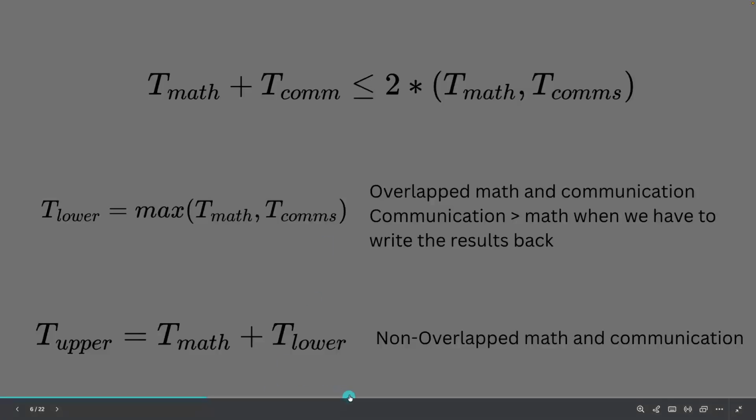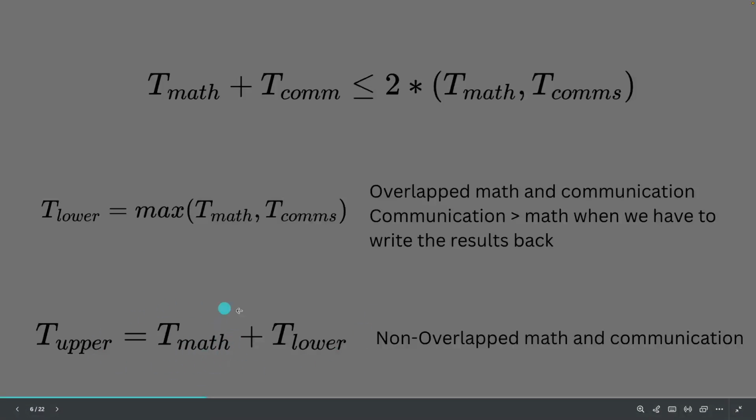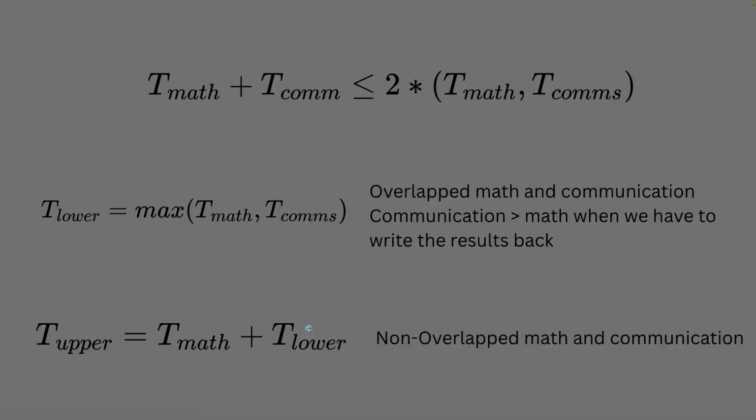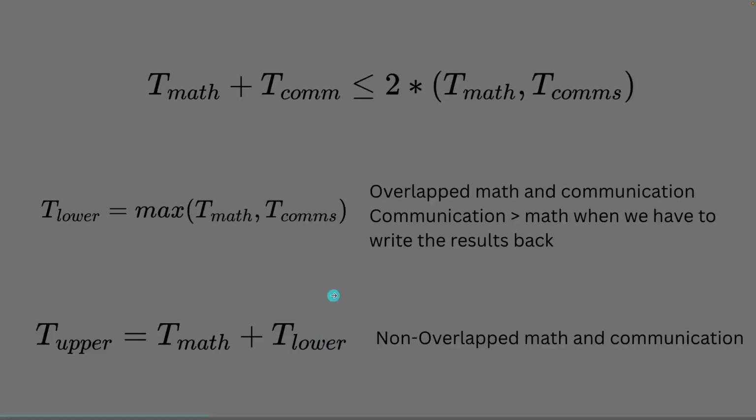But if it is blocking or non-overlapped, you have to wait to load all the bytes and then start doing operations on them. In that case, your total time would be the total time to do operations plus the total time it took you to load the data. So this should have been comms. I'll fix this in the slides later.